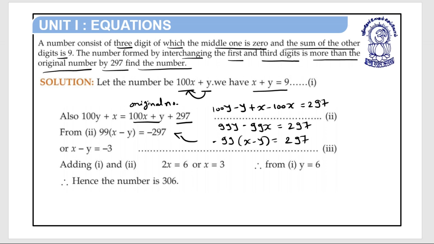So x minus y is equal to minus 297 divided by 99. 99 3s are 297, so minus 3. Adding 1 and 2.